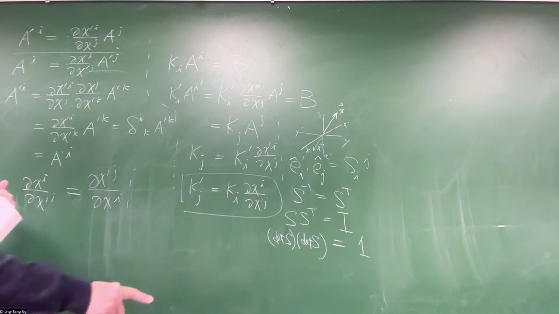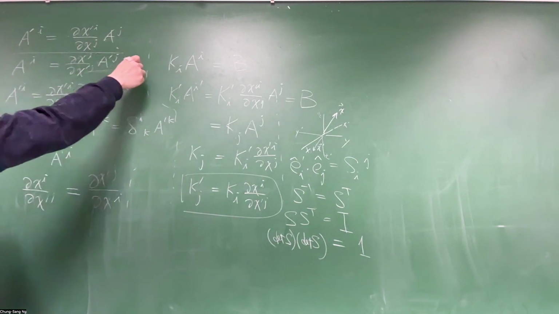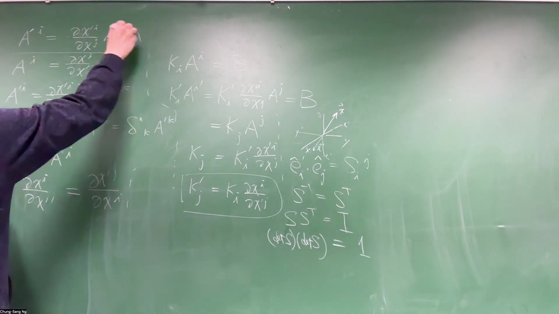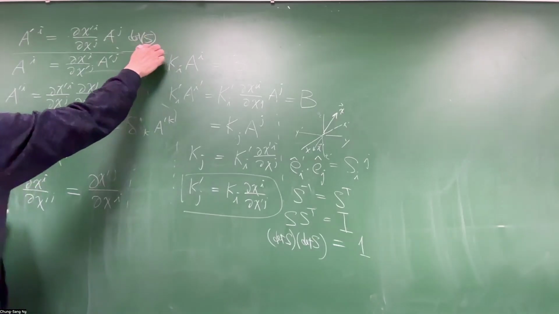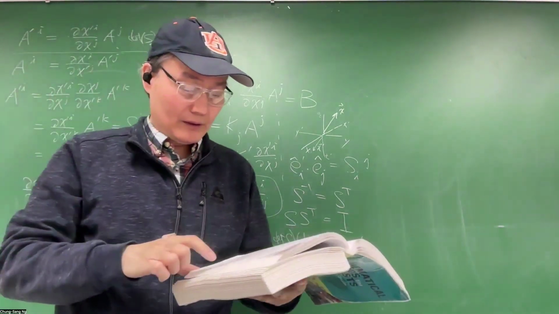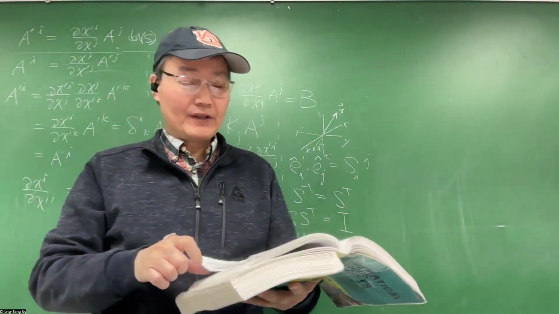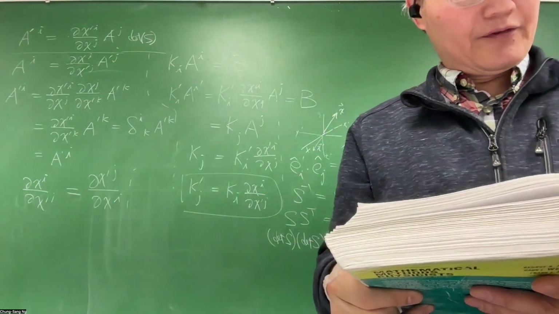Because the square is 1, it can be either 1 or -1. So if it transforms by this one multiplied by the determinant of the transformation matrix, that is called a pseudovector. Okay, so that is how you define it.